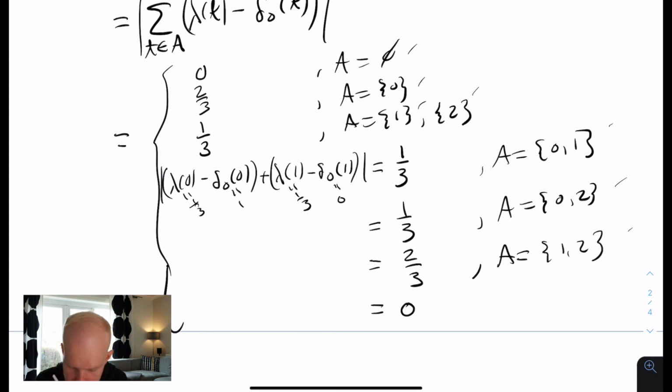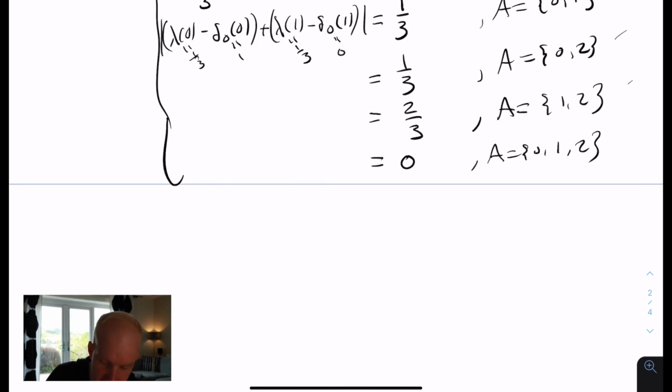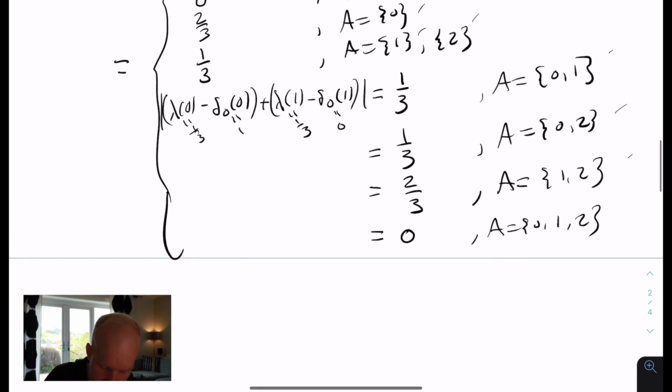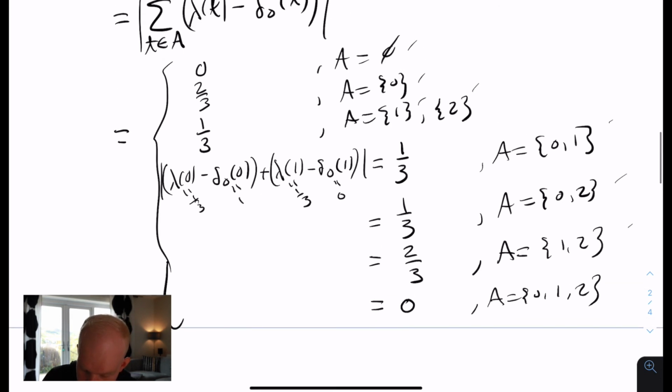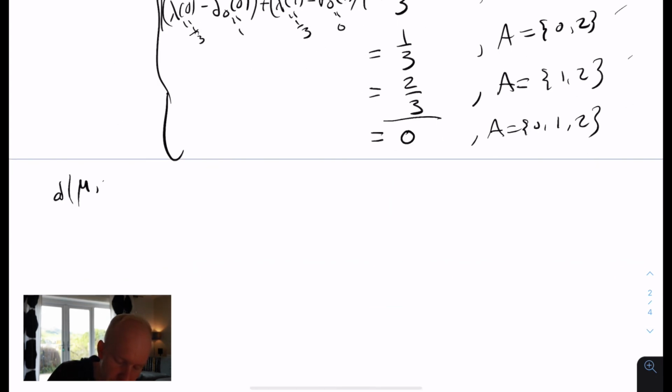I seem to be getting this if a is everything. Okay, let me check. You can check if I did the correct computation, but with this you can get that, because the distances go through all the possibilities, the point where you get the maximal distance is really the 2/3. So the total variation distance of this lambda and delta 0 is 2/3.